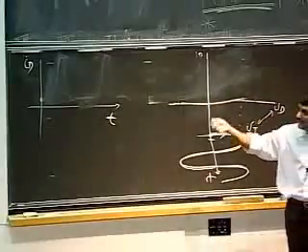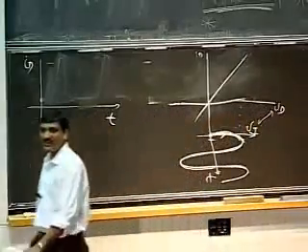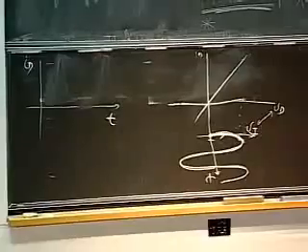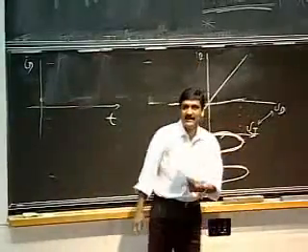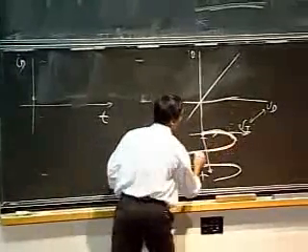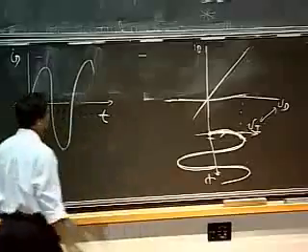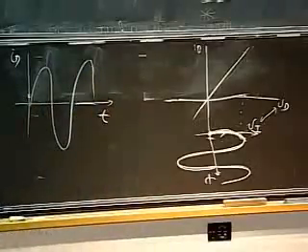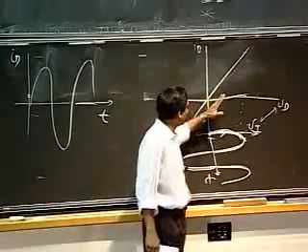Suppose I had a light emitting device that looked linear, a straight line, where the current was linearly related to VD. Then if I had a sinusoid here, I would get a sinusoid here. No distortion there, right?